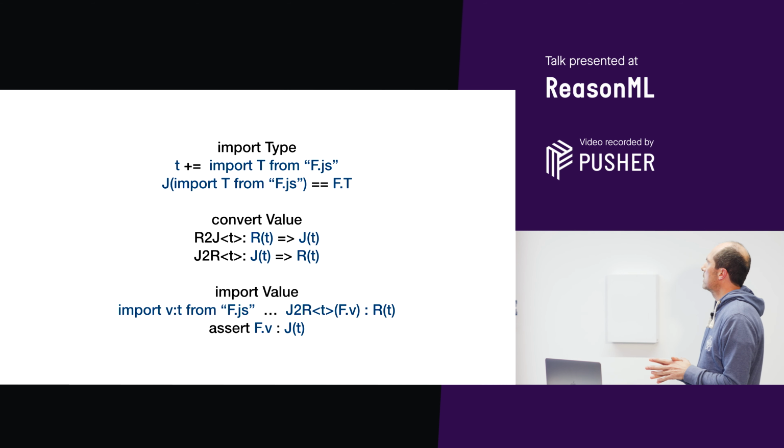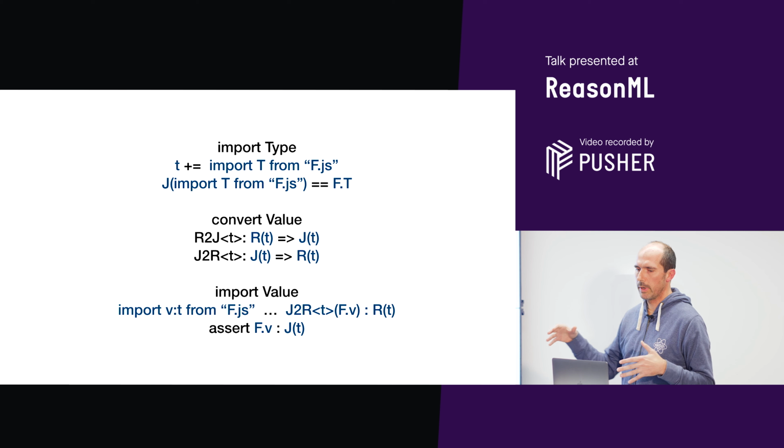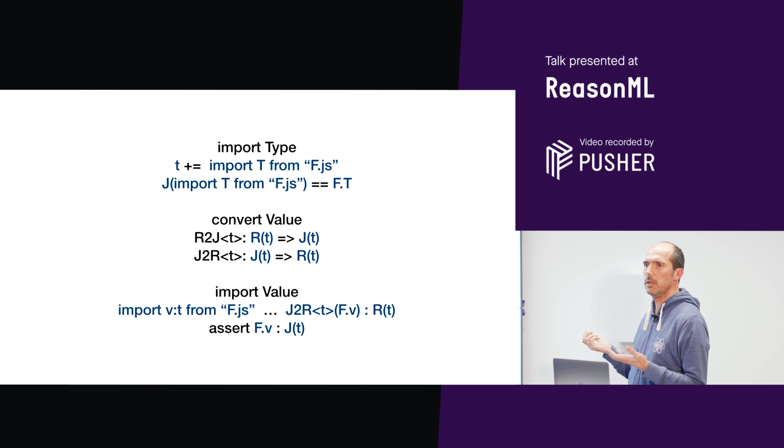So for the other direction, what's going on is this. I'm inside the Reason world, and I want to access some type which is defined in JavaScript. So it's going to be a Flow or a TypeScript type. The way to specify that type is I want to have the type called T, which is in some file, f.js. Now, the idiomatic representation in JavaScript is just f.t, whatever that definition is inside the file.